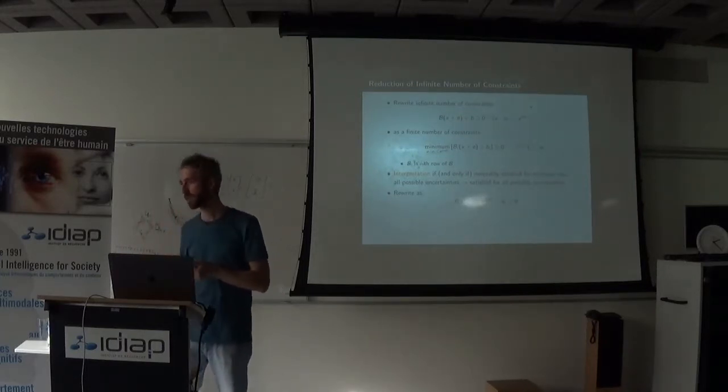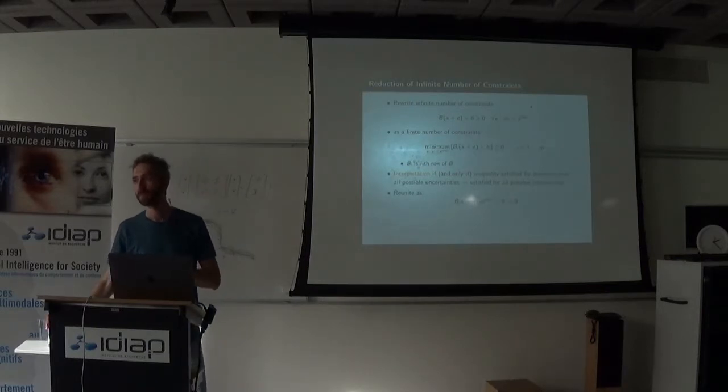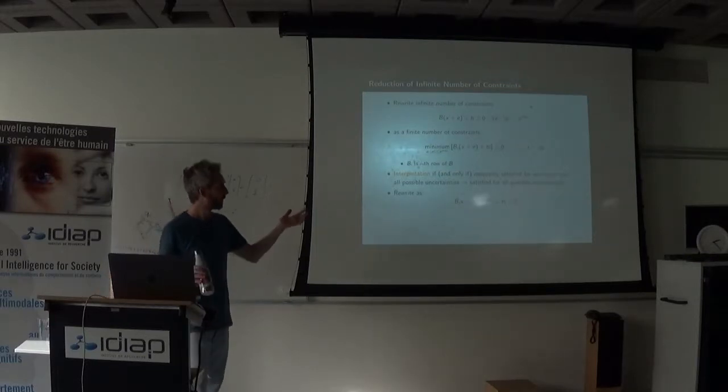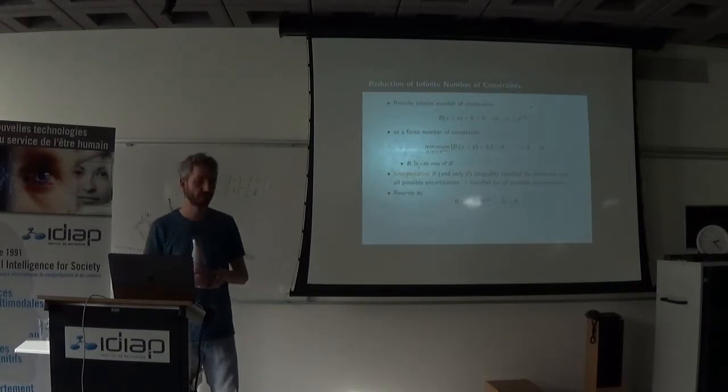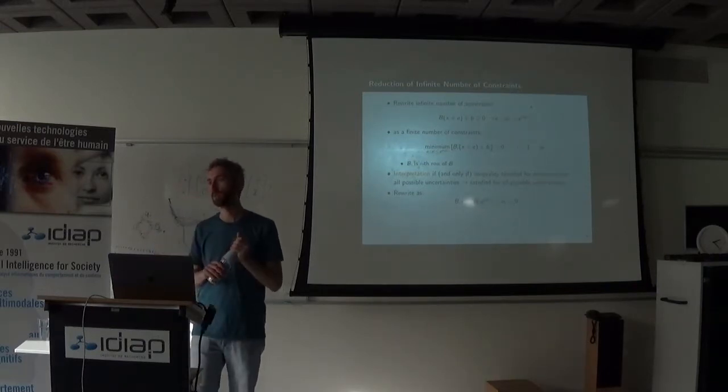This would not work if you generalize this box type uncertainty set to, say, a polytope. If you have a polytope, actually, I don't remember exactly how it goes, but in the end you still get a QP. It doesn't change the shape of your problem.